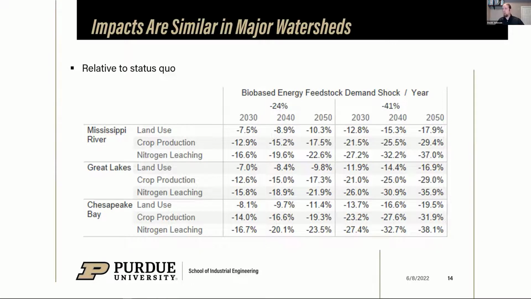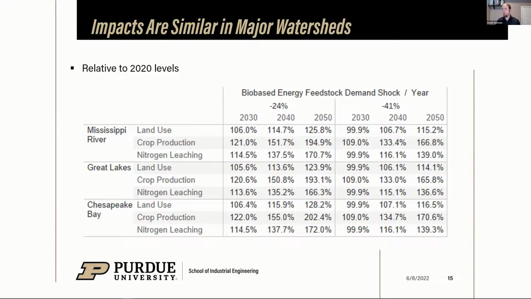And what we see is that there's not a whole lot of difference across the major watersheds as well. So if you were looking, for example, at change in land use in the year 2030, 7.5% less in the Mississippi River Basin compared to 7 or 8 in other watersheds. So not a whole lot of variation across the major watersheds where corn and soy are being produced intensively.